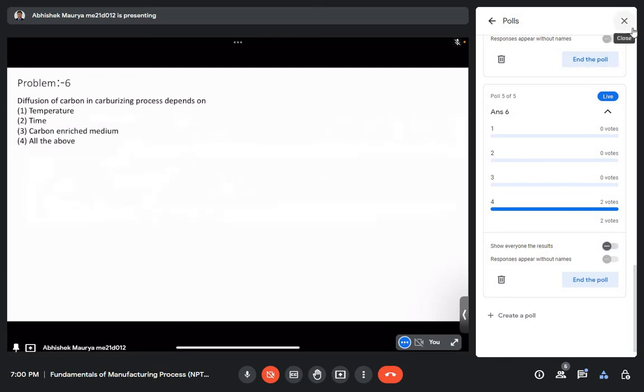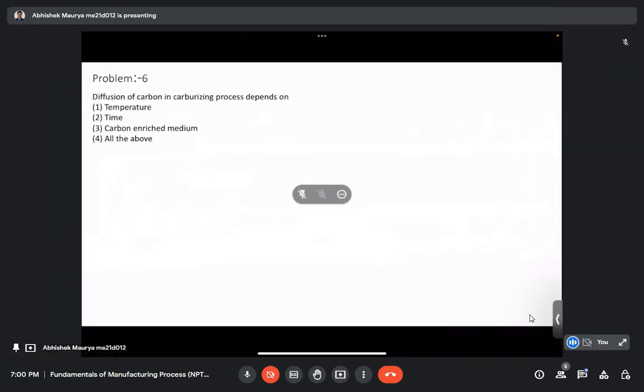Yes, I have received a couple of responses and both of you are correct. So for others, I will quickly discuss the correct answer for this problem, and I will tell the solution. So the question is all about the diffusion of carbon in the carburizing process.